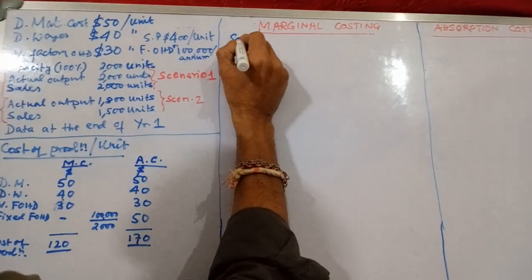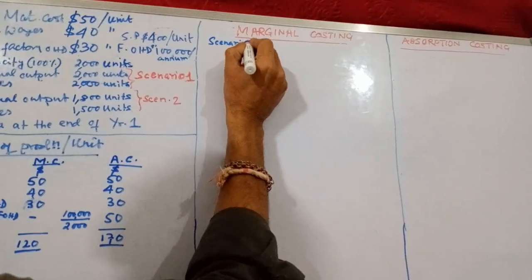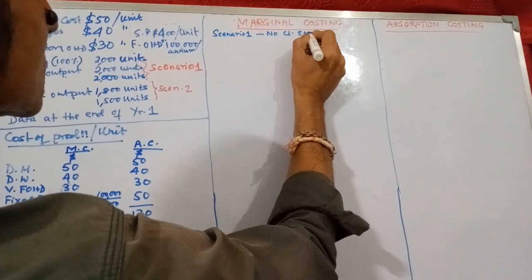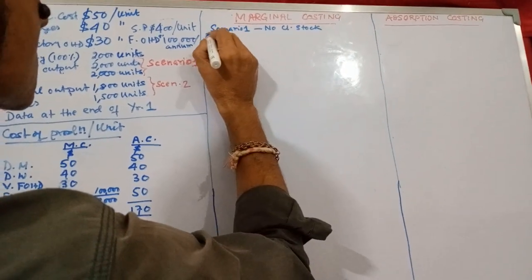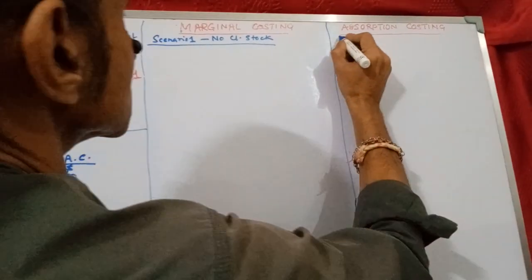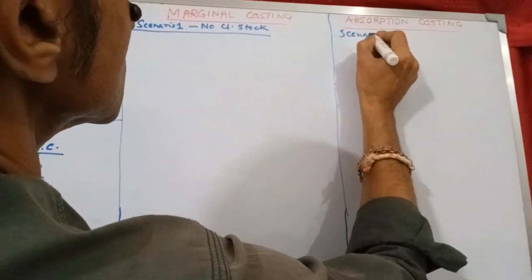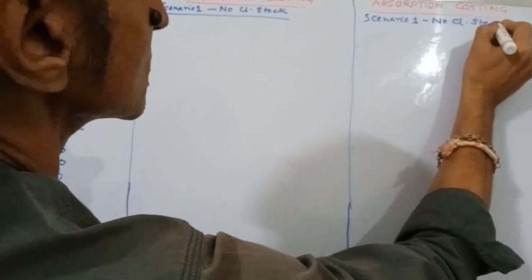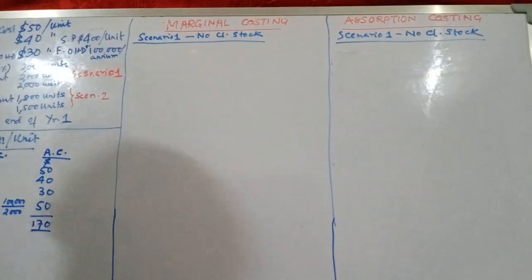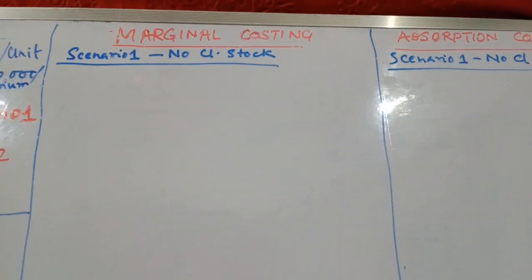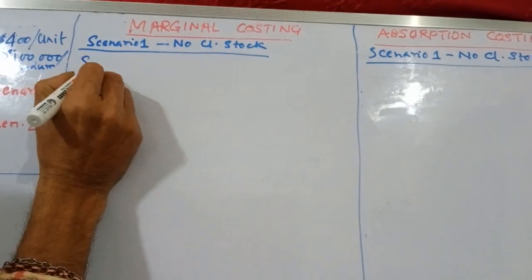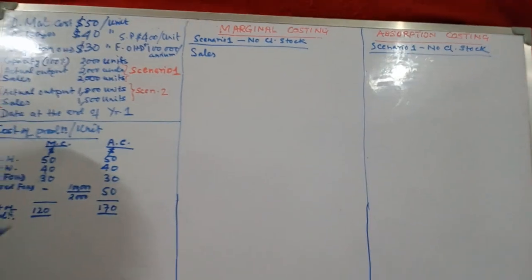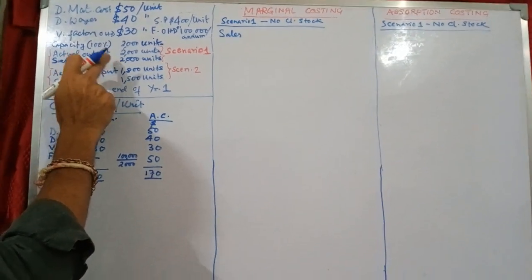So here scenario 1, no closing stock. Sales: what is the number of units sold in scenario 1? 2000 units.